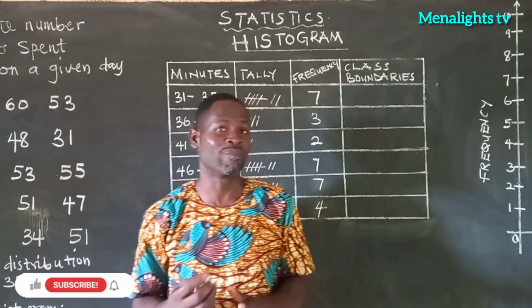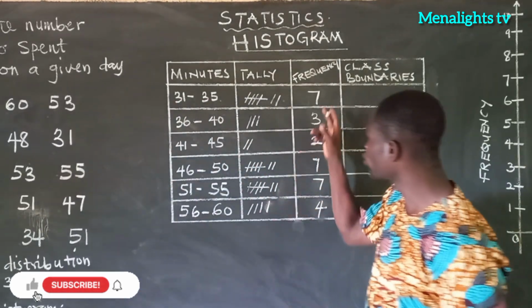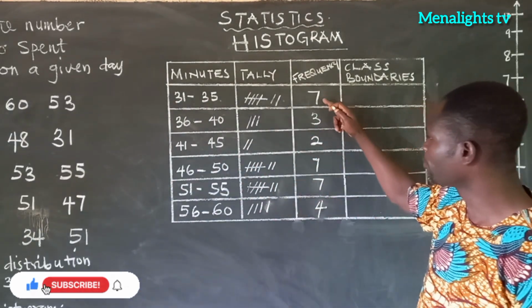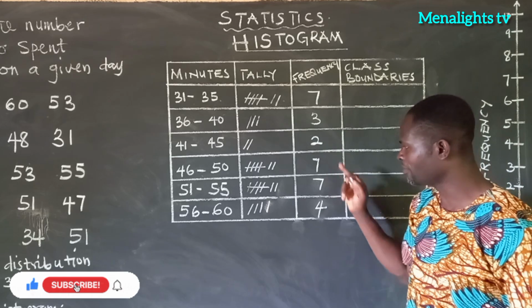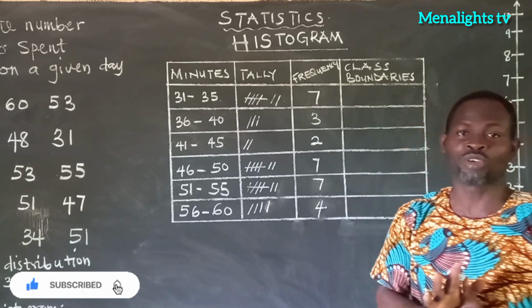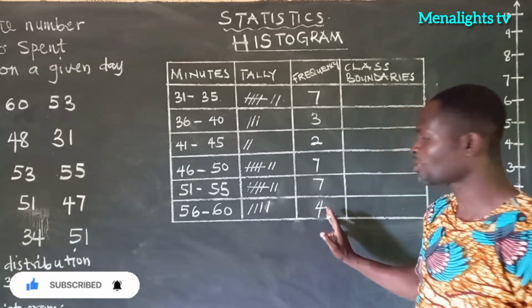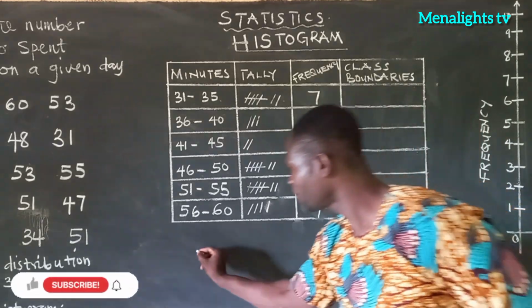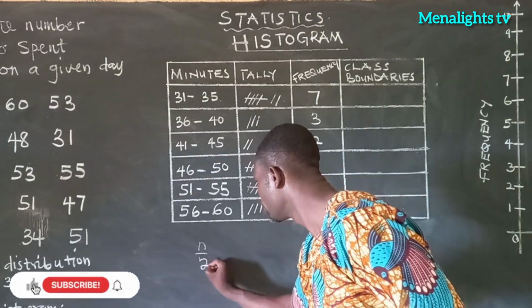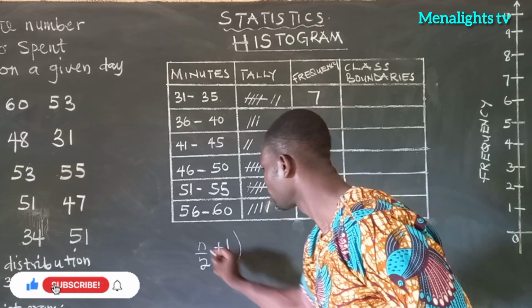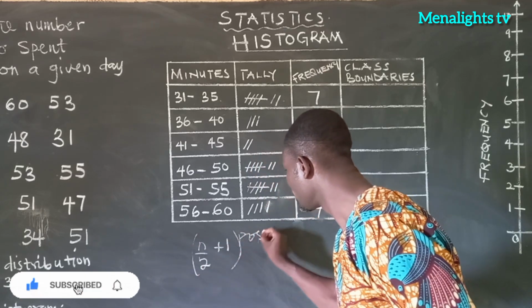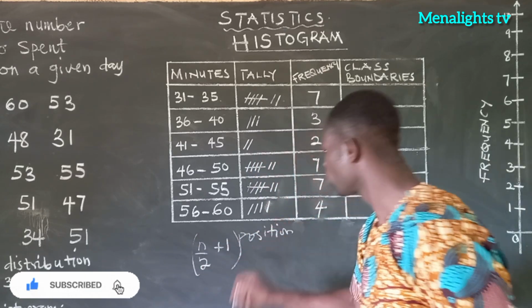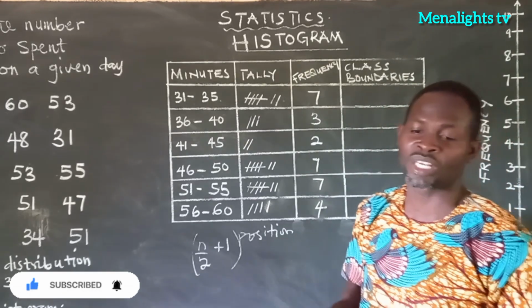For us to find the median class, first we have to know the total here. That's 7 plus 3 plus 2 plus 7 plus 7 plus 4, which is going to give us 30. So you know that the total here is 30. For us to find the median class, we use the n over 2 plus 1 position.